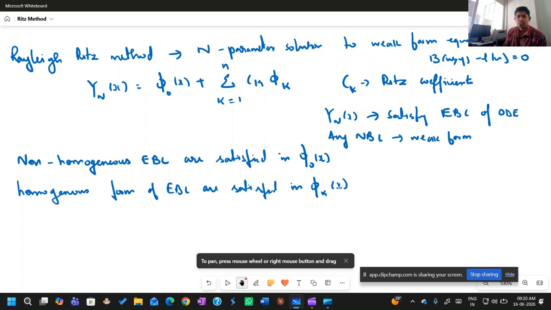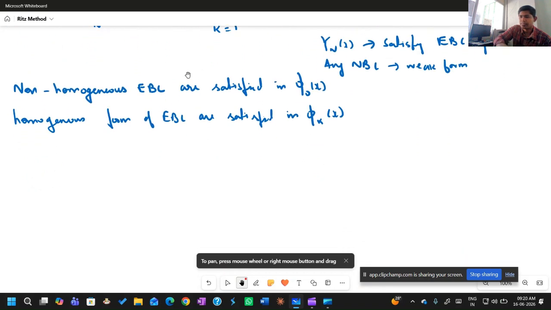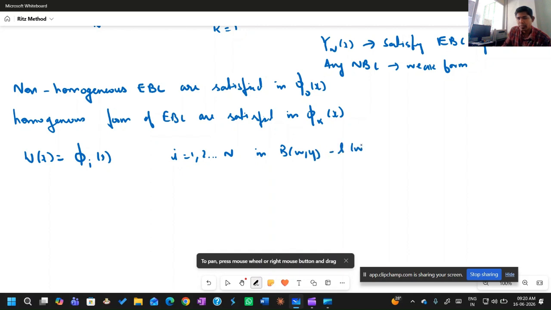Let us say that the weighting function w of x is equal to the trial function phi i for this problem, where i is equal to 1 up to n, in the bilinear term of the weak form.